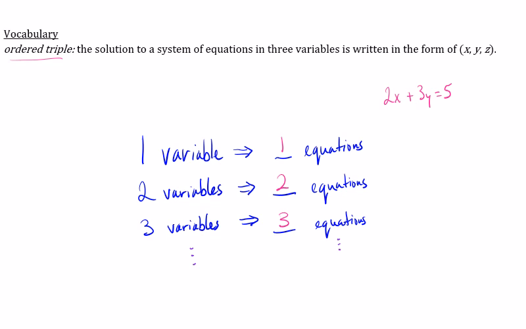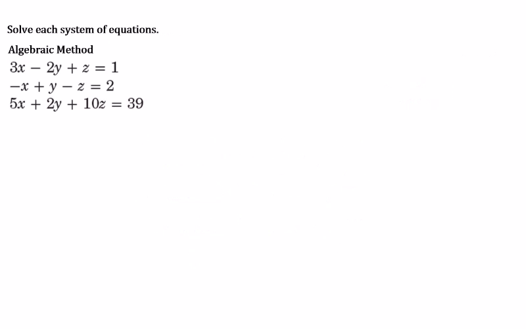All right, so there are a few ways to do this, just like with systems of two variables. Graphing would be difficult because these are three-dimensional, and so you need a three-dimensional coordinate system and a three-dimensional graph. Your calculator won't be able to do that.